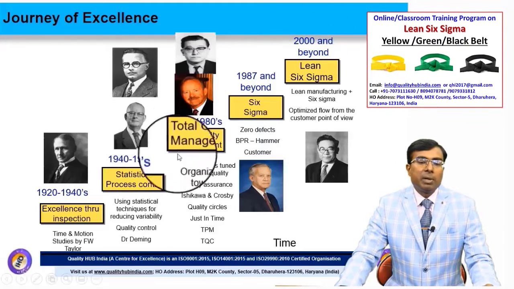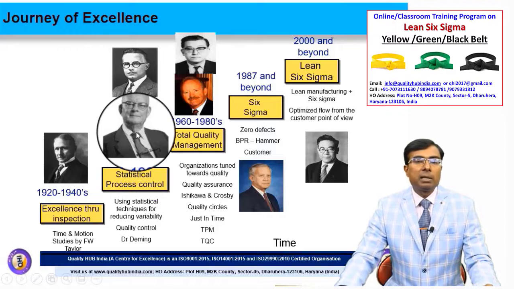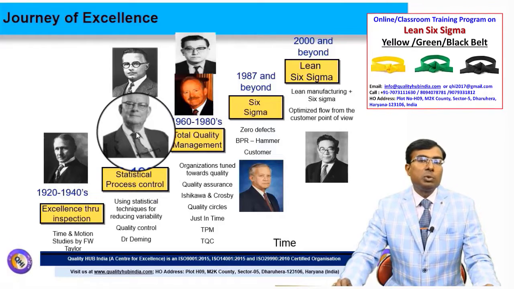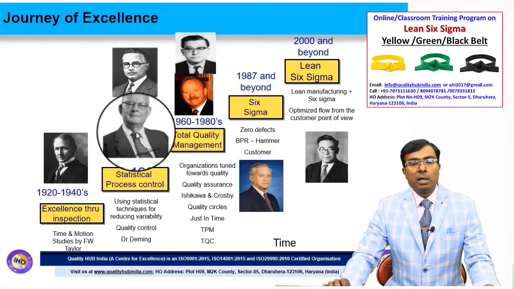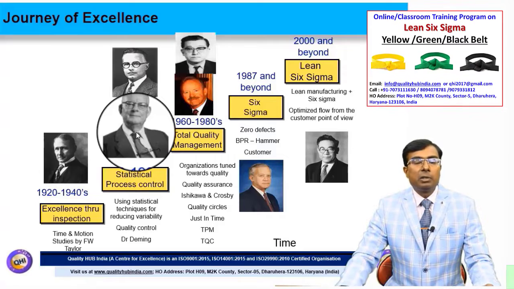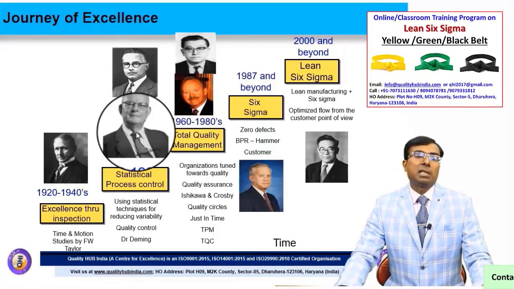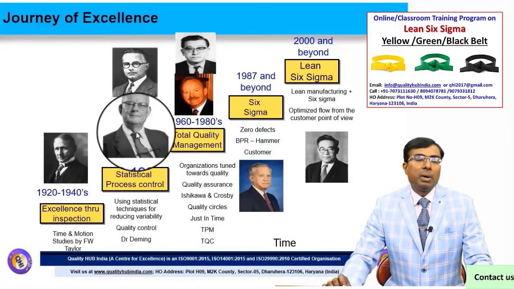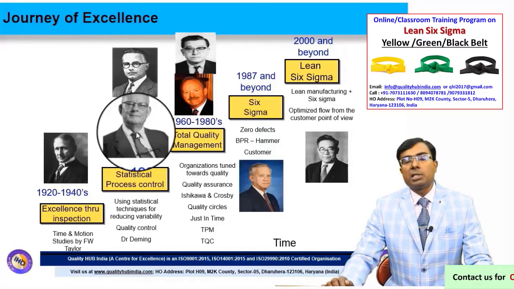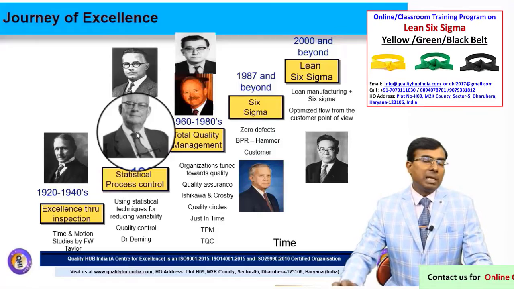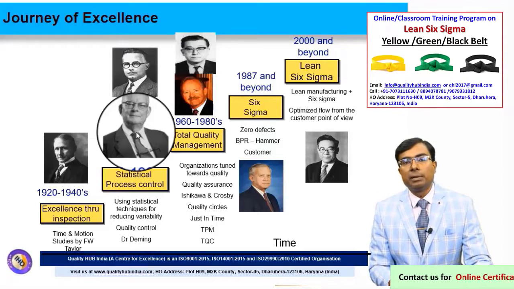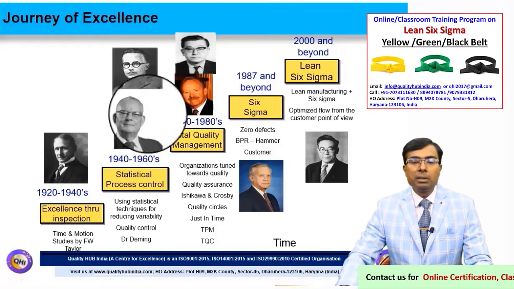He visited Japan very often. In fact, his colleague Joseph Juran also visited Japan many times and taught various concepts of quality control, quality management and statistical process control to managements of various industries in Japan, which laid the foundation of excellence in the field of quality in Japan.